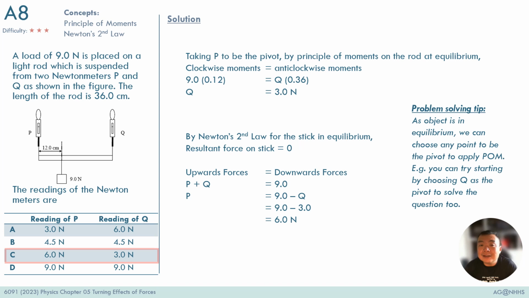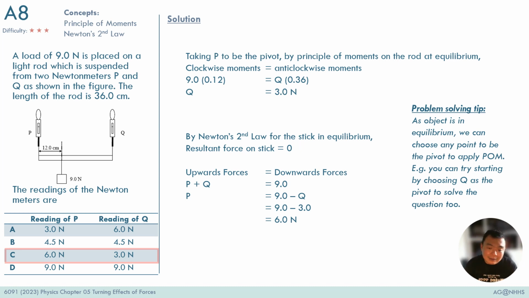So all the upward forces must balance all the downward forces because the whole beam is not moving. So the upward forces will be the upward force at P and the upward force at Q. Add them up together, that should give you a value of 9 Newton, which is the downward force acting on the beam. So that's how I can solve for the two forces.